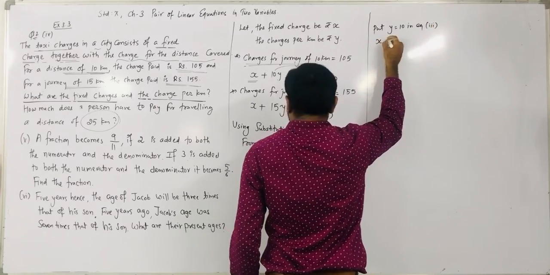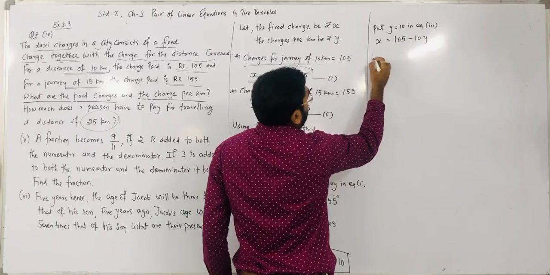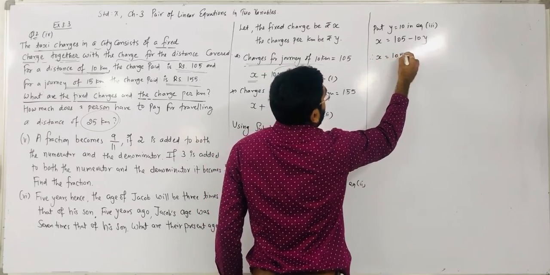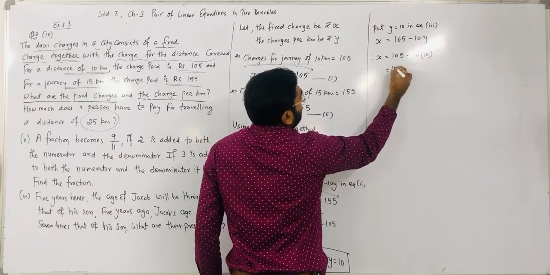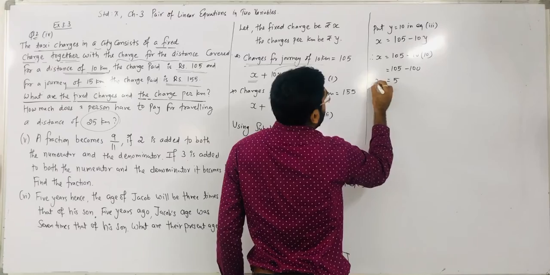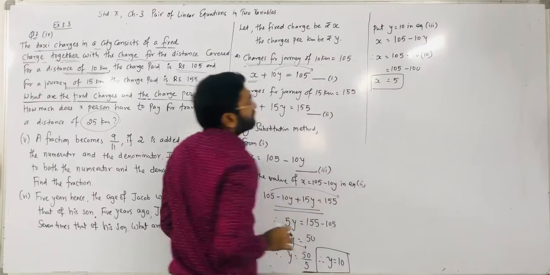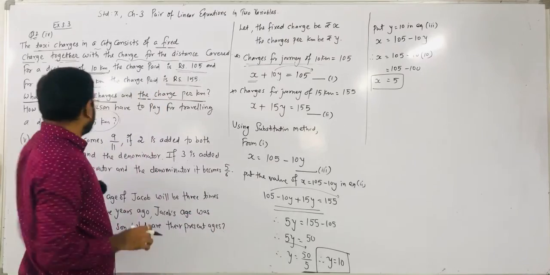Equation number 3 is x equals 105 minus 10y. So we put the y value: 105 minus 10 into 10. 10 into 10 is 100, so we get the x value as 5. So x is 5, which represents the fixed charge, and y is 10.